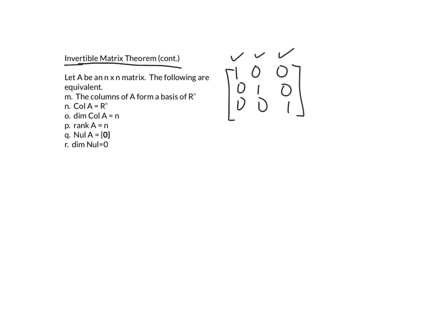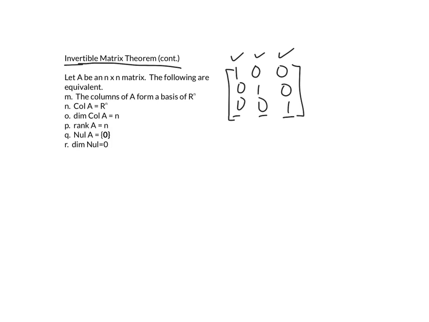The column space of A is equal to Rn, and the column space would be basically the spanning set of the columns. So with these three vectors, we can definitely form all of R3, again, because they are the simple basis for R3.